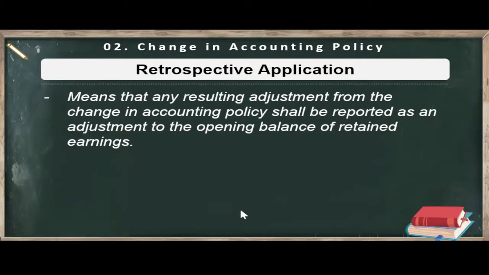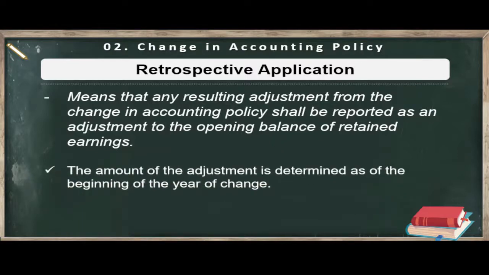When we say it's a retrospective application, it means that any resulting adjustment from the change in accounting policy shall be reported as an adjustment to the opening balance of the retained earnings. The amount of the adjustment is determined as of the beginning of the year of change.